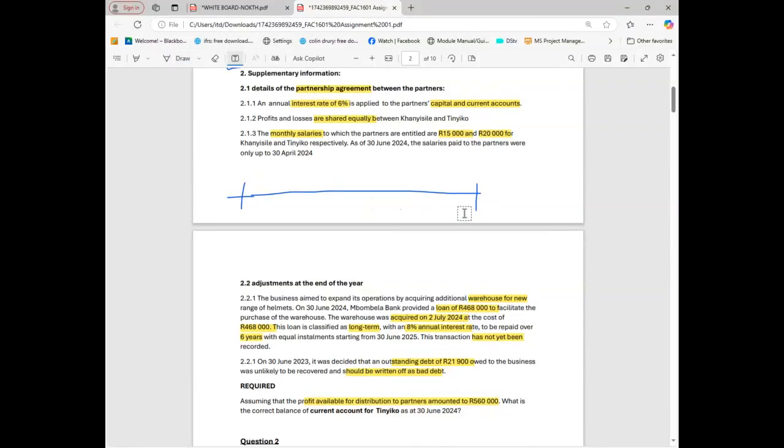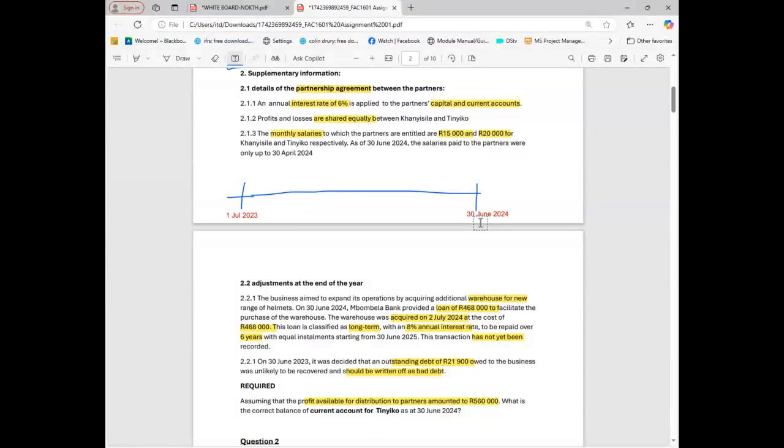It's important to write it down and then you say 30th of June 2024. Obviously, this will be the 1st of July. I hope you still remember how to do this to come up with the accounting period. Yes, I do remember.